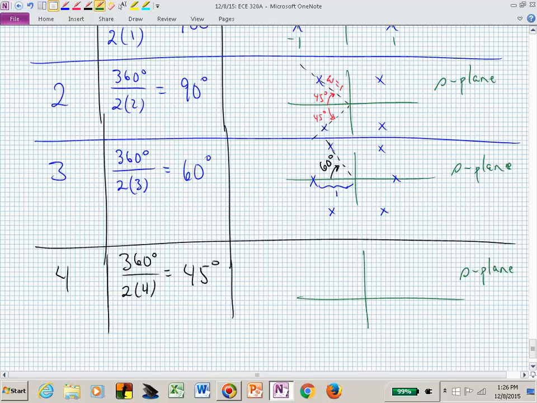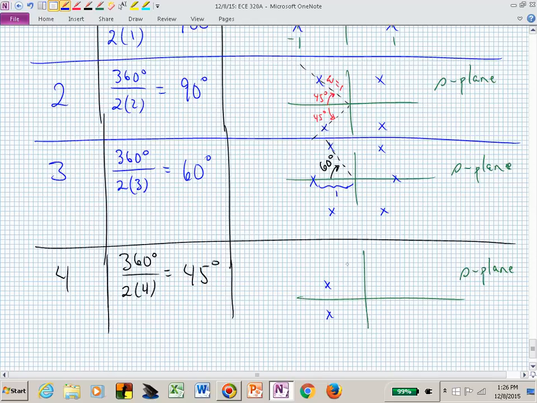So let's say we started with one on the real line and then moved that until we're uniformly, symmetrically distributed. We actually are going to go up 22 and a half, or half of 45, to get the first one, then we go 45 from there. Or we could do it over here: here is 22 and a half, and here's 22 and a half, so their total separation is 45.